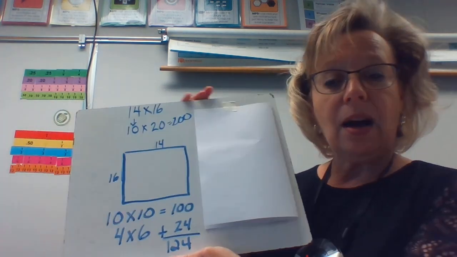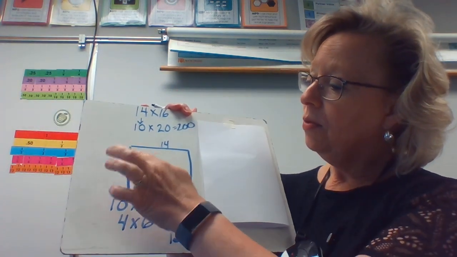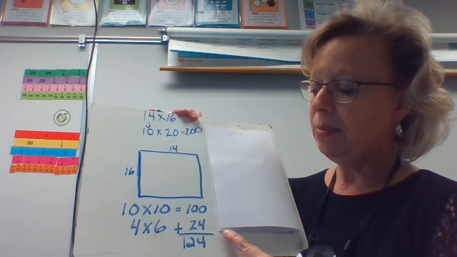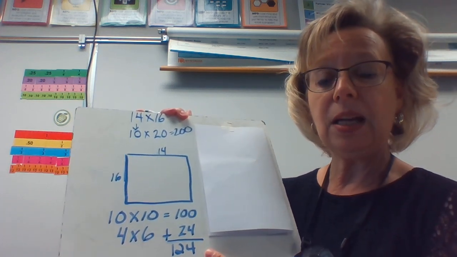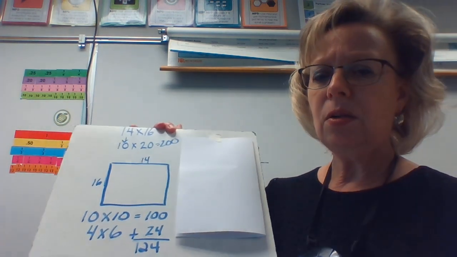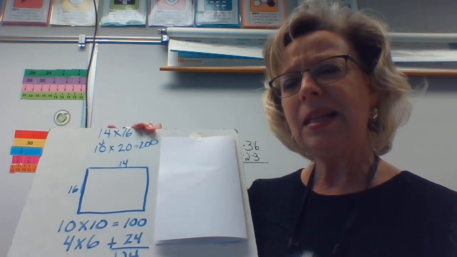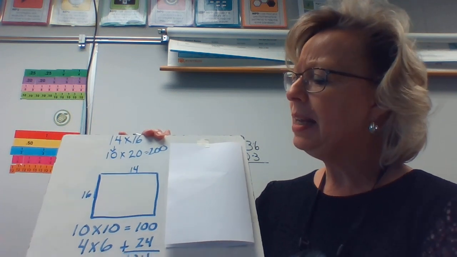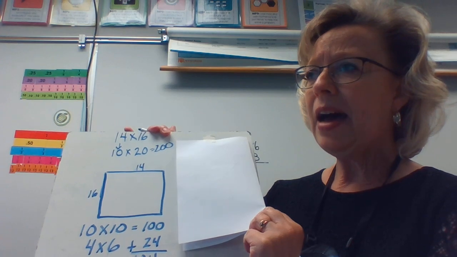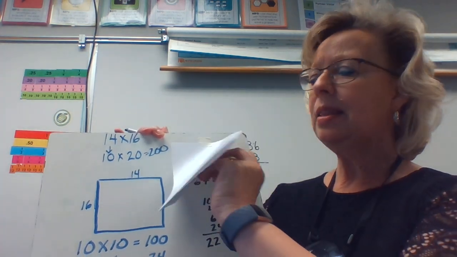Some of the work we saw was 14 times 16, 10 times 10, and then 4 times 6, and the answer came to be 124. Is 124 close to 200? It's not too far off, but something happened that we need to think about.